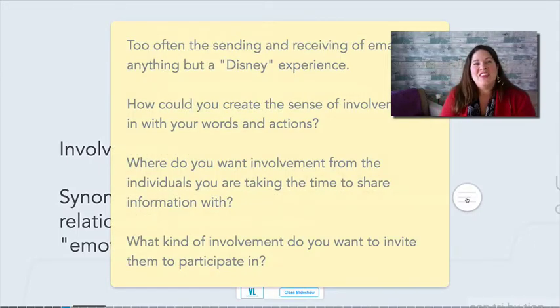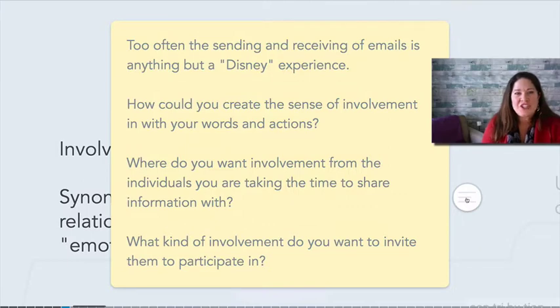And this is where too often the sending and receiving of emails, it's not Disney to me. Now, when I say Disney experience, that is a perfect trigger word for me and billions of people worldwide, because there are very few companies that know customer service on every single level as well as Disney does, including all of their communications.